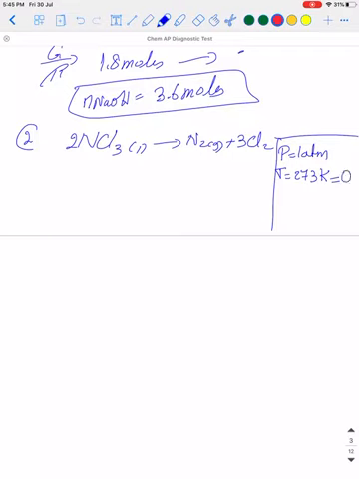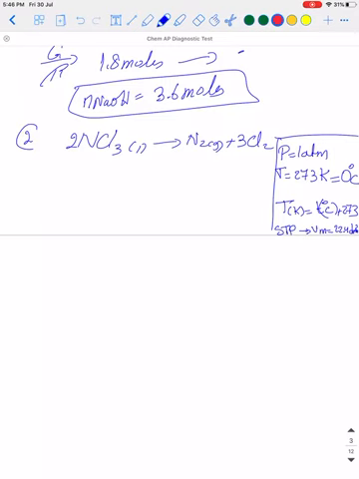We know 273 Kelvin means 0 degrees Celsius, based on the equation that temperature in Kelvin is the temperature in degrees Celsius plus 273. So pressure 1 atmosphere and temperature 0 means we are talking about STP condition. In STP condition, the molar volume is always 22.4 dm cube or liter.